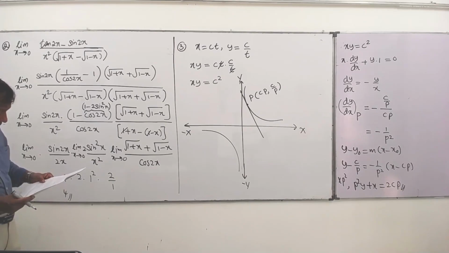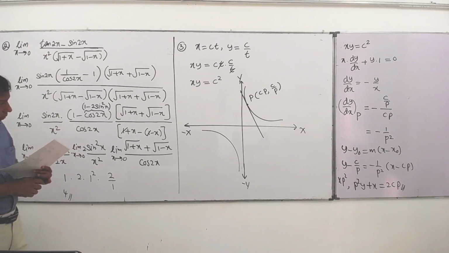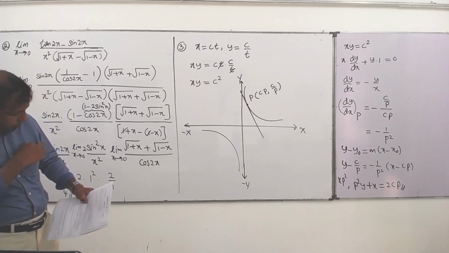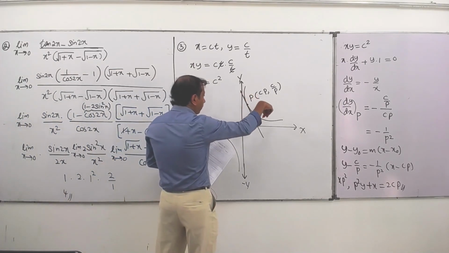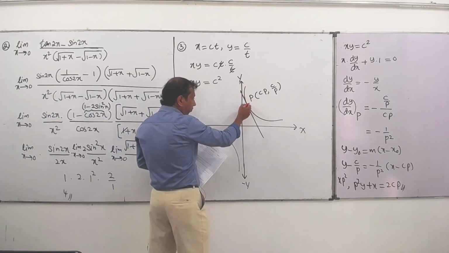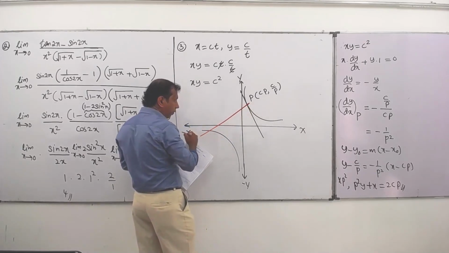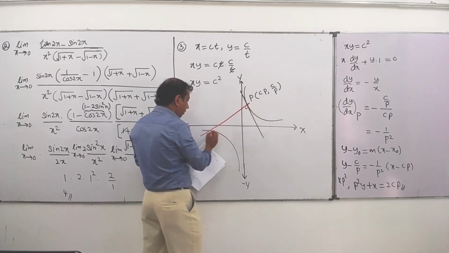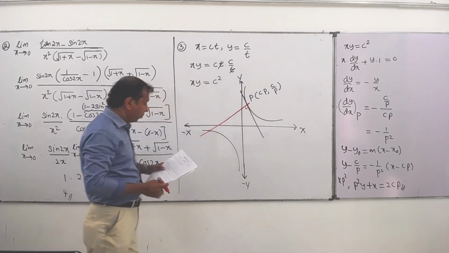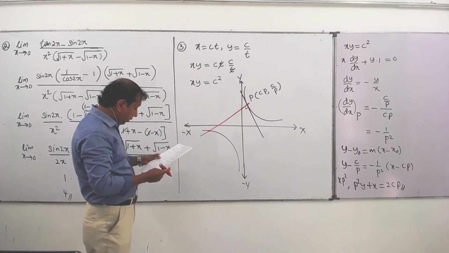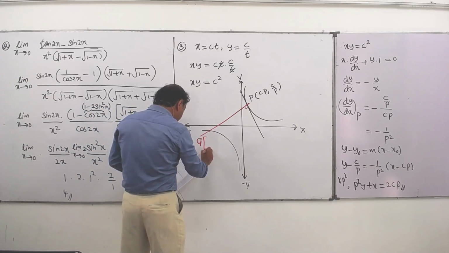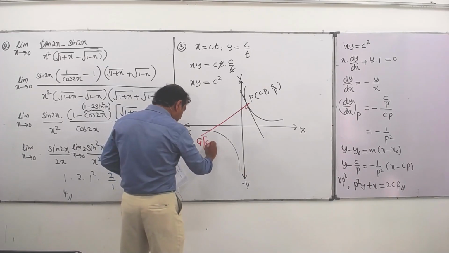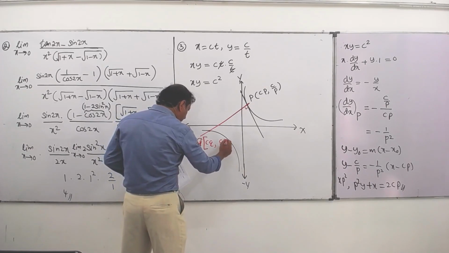Next one, asking the normal line to this hyperbola at P. Normal line means what? Perpendicular. The normal line is a perpendicular at the point P to this hyperbola. We draw a normal like this, perpendicular line like this. That cuts the hyperbola at a point Q. This is a point Q. Its coordinates are given as cq, comma c over q, like this.